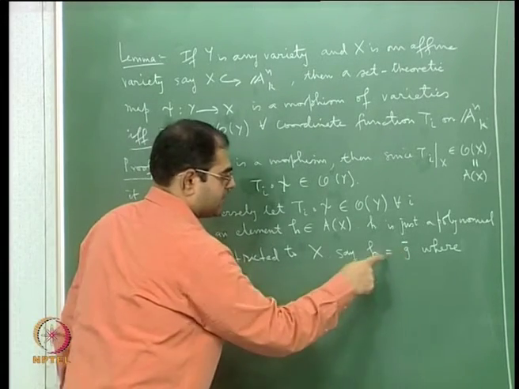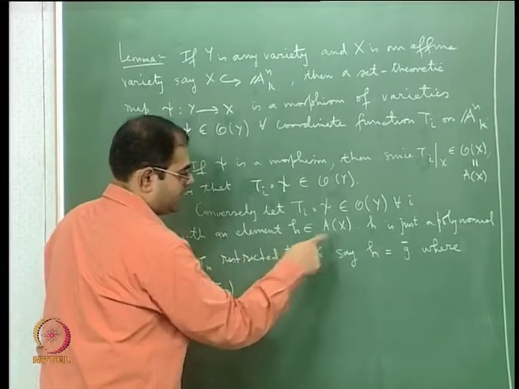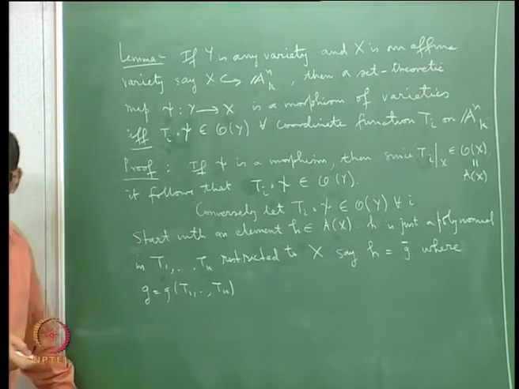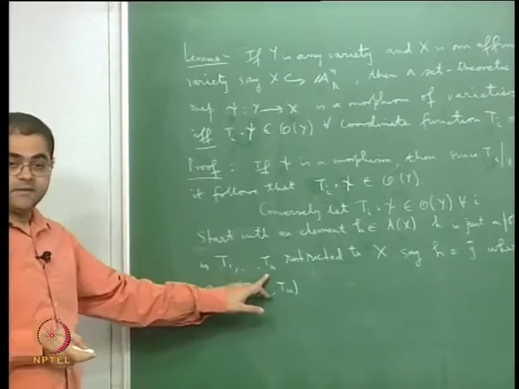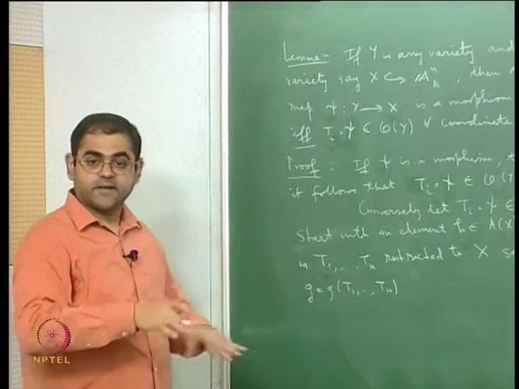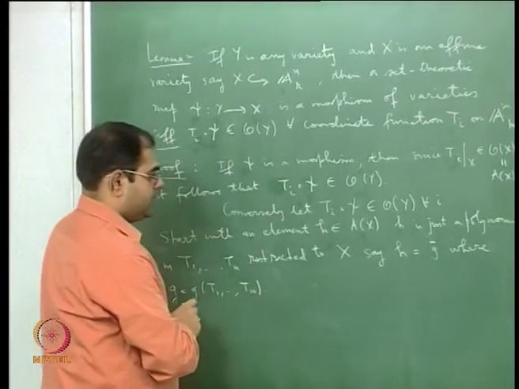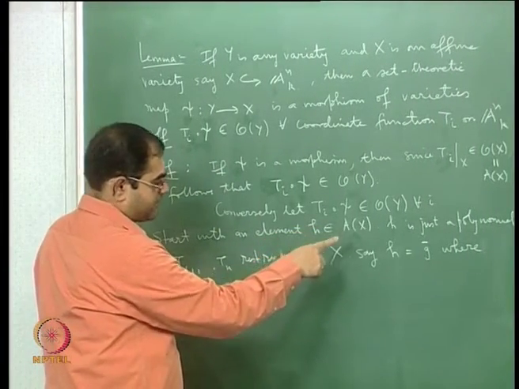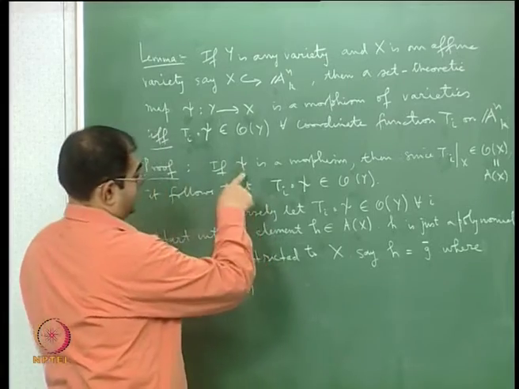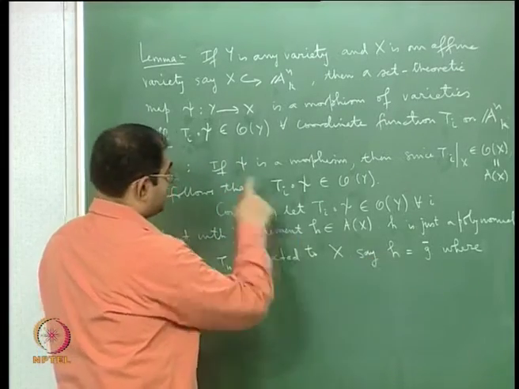G bar is the image of g in AX, which is a quotient of the polynomial ring in these n variables, which is the ring of all polynomial functions on A. Now I want to calculate what the pullback of h under psi is.